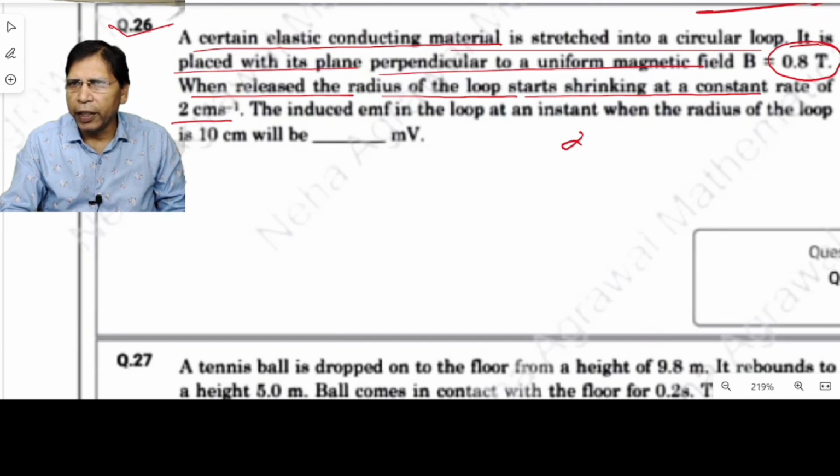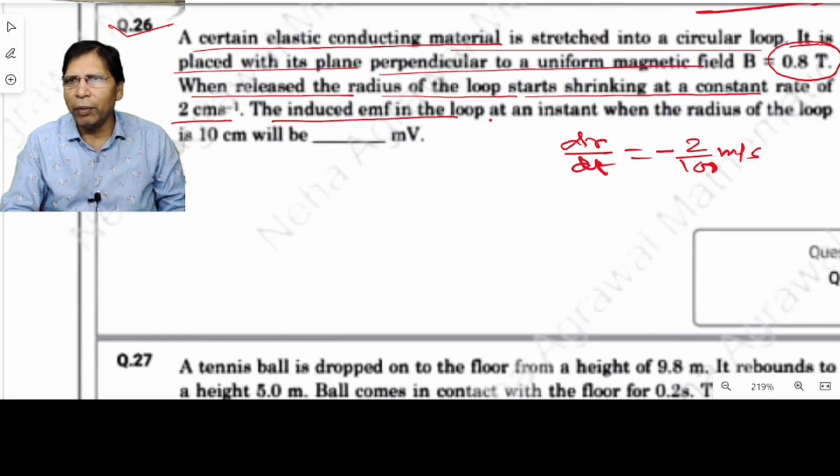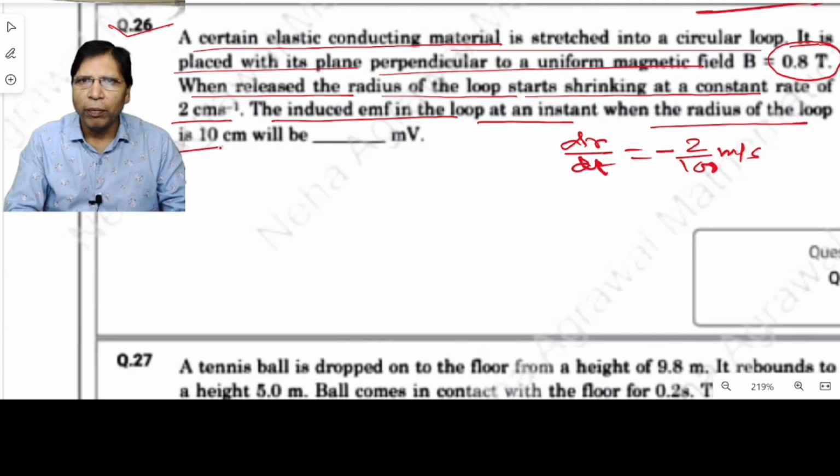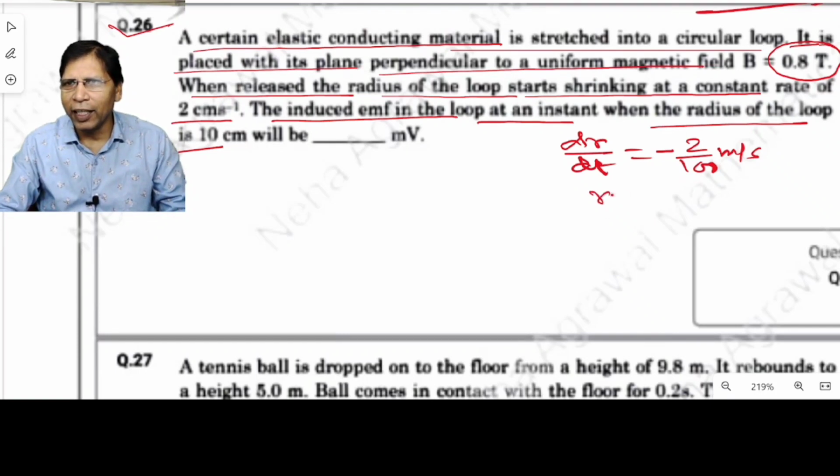If R is the radius, dr by dt equals negative 2 by 100 meter per second. Now, the induced EMF in the loop at the instant when the radius of the loop is 10 centimeter. So R is equal to 10 by 100 meter. We have to calculate the induced EMF.